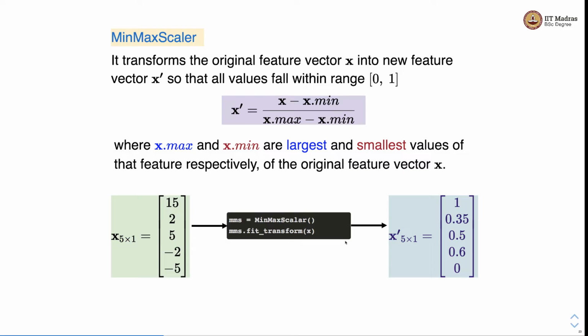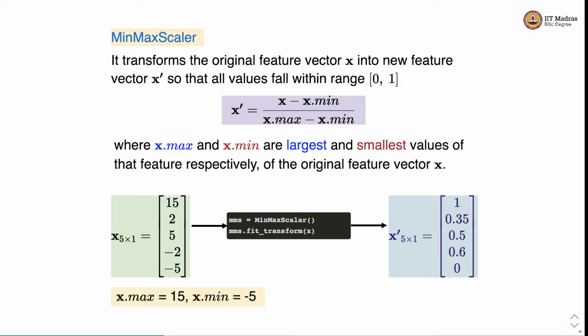This gives us the transformed feature matrix with the transformed values that are computed using this particular formula, where from each feature value we subtract the minimum value and divide the difference by the range of the feature. Here you can see that the range of the feature is from -5 to 15. So x.min is -5 and x.max is 15.